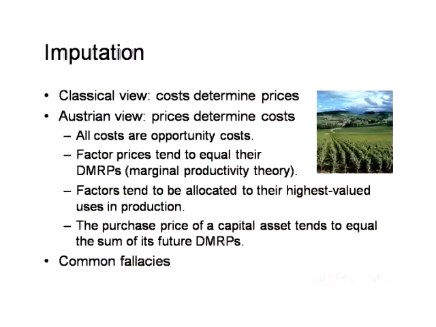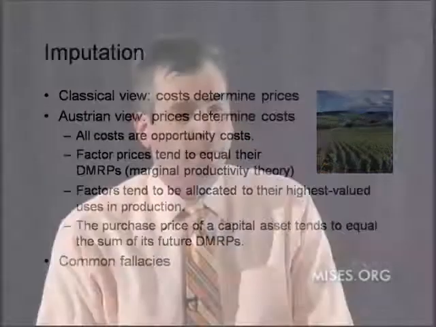To put it another way, in the Austrian view, all costs are, in the subjective sense, opportunity costs. When we speak of the businessman's costs of production, or the entrepreneur's costs of production, that refers to the prices that he pays for factors of production. What determines the prices of those factors of production?